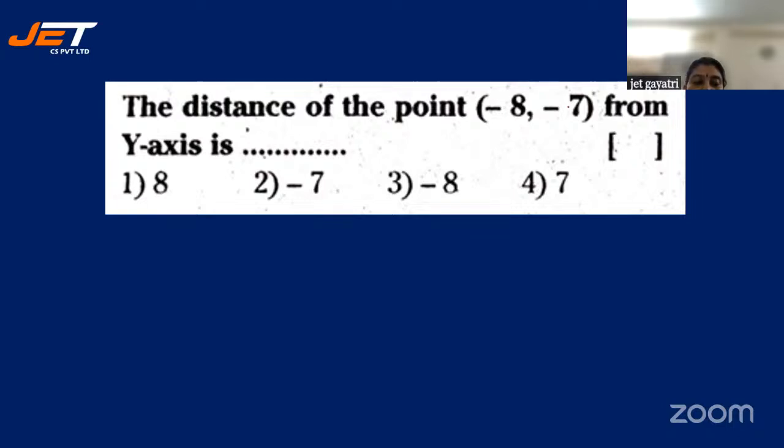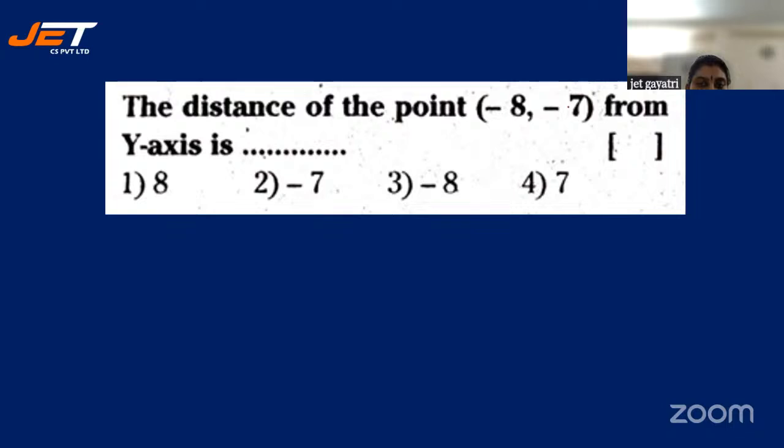Let's see how many of you are able to give me the answers. Is it 8 or is it minus 7 or is it minus 8 or is it 7? Okay. Now let's see. Shama says it is option 1, 8. Okay.